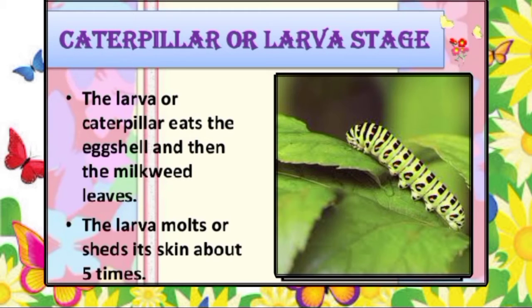The picture shows a small young green and black larva. The larva, or caterpillar, eats the eggshell and then the milkweed leaves, and the larva molts, or sheds its skin, about 5 times.